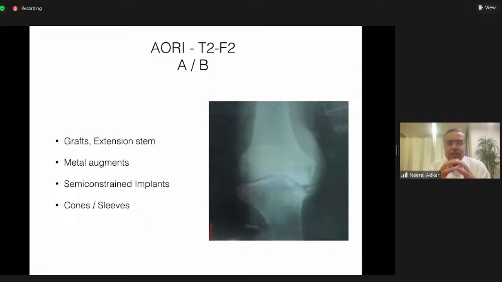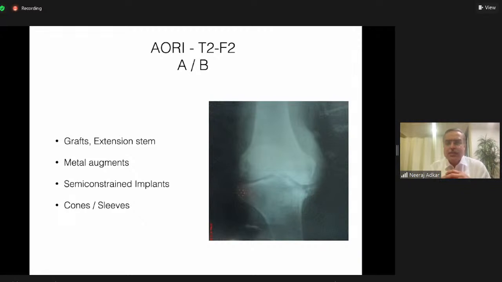metal augments are used, but in all these patients we must use an extension stem to provide additional stability. We just cannot get away with putting the graft without stabilizing the tibial base plate with the extension stem. In some patients we may need semi-constrained implants to provide additional stability.